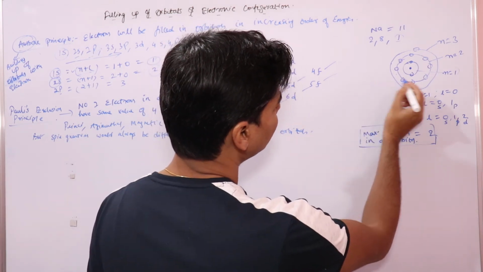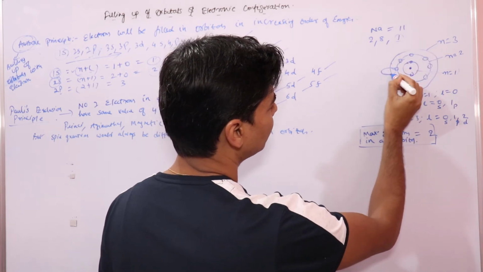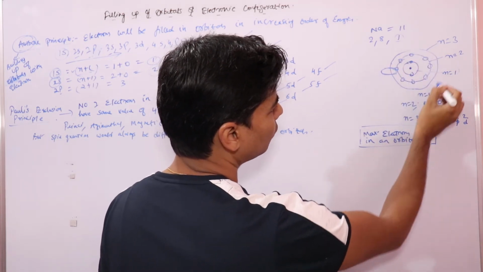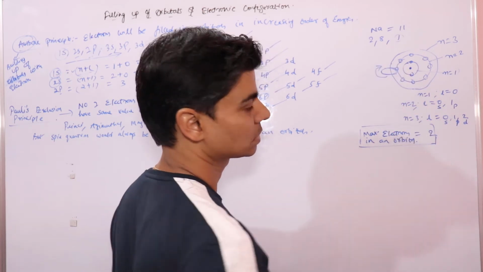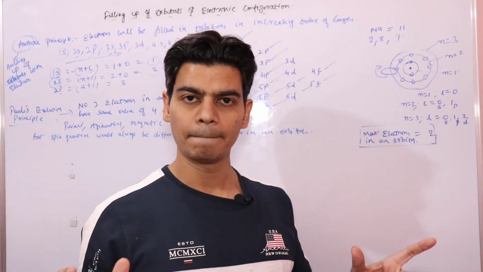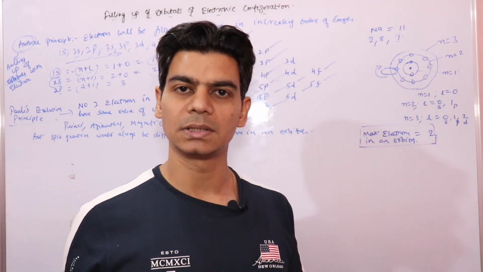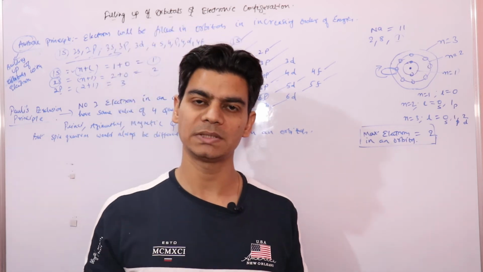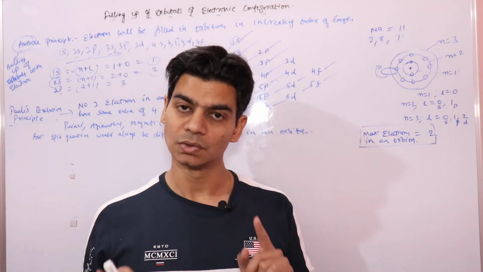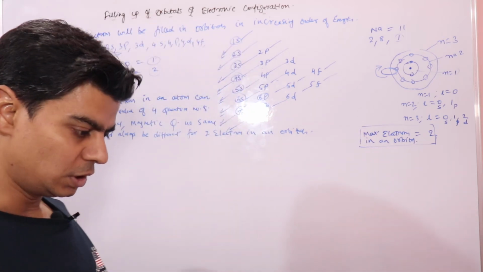That means if this is the electron, this is revolving, and at the same time this is also spinning about its own axis. So two electrons in the same orbital would be spinning in different directions, right? If one is spinning anti-clockwise, the other would be spinning clockwise. So this is your Pauli's exclusion principle.